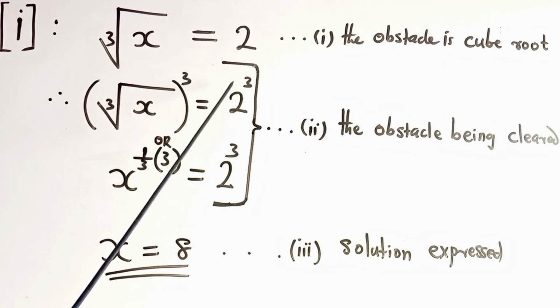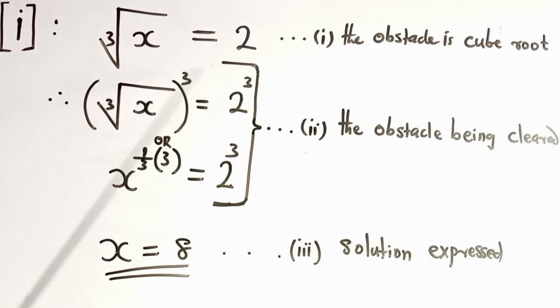Therefore, if you simplify both sides of this equation, we get this answer that x is equal to 8. I hope you are following what is happening here. Second method, please. We're going to use the multiplicative inverse. First, we re-express this cube root as x to the power 1 over 3.